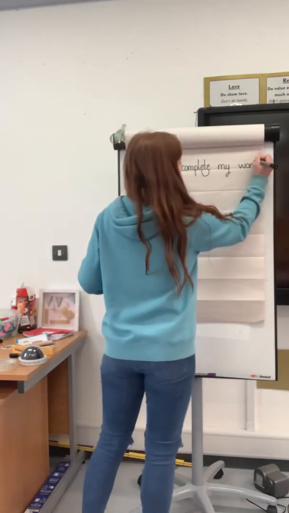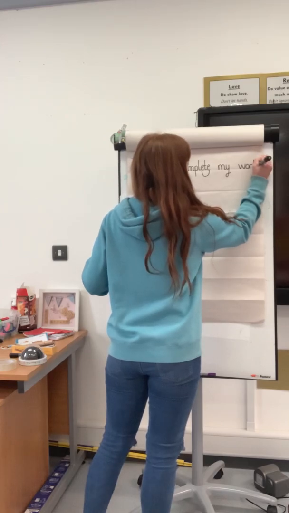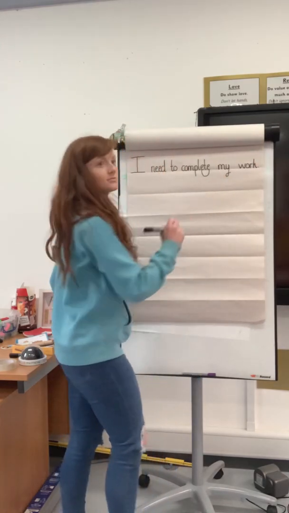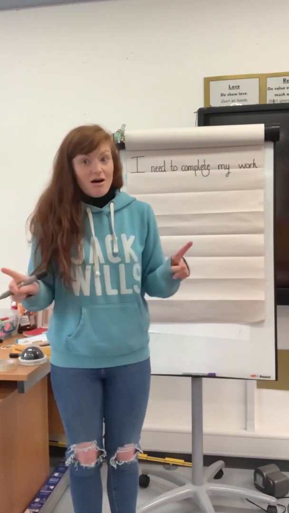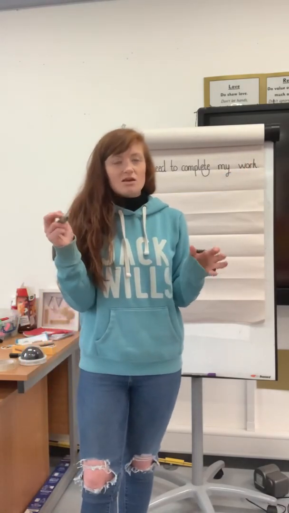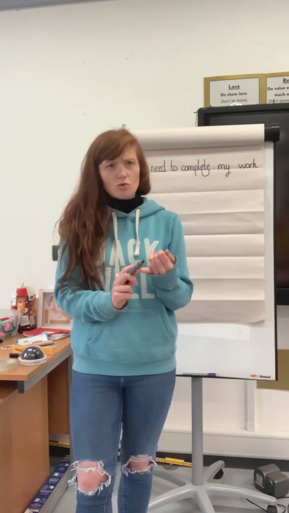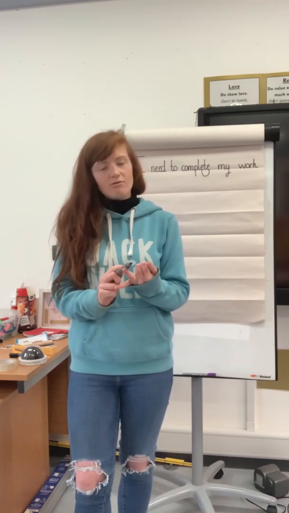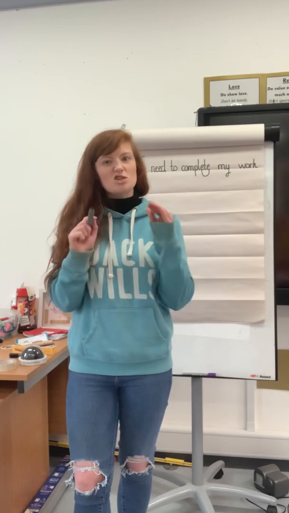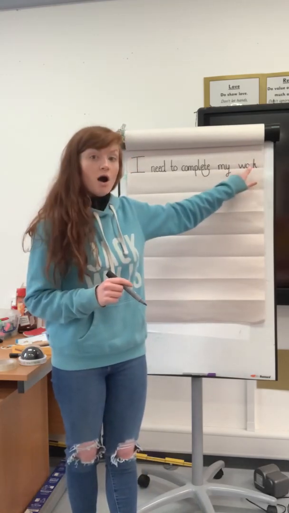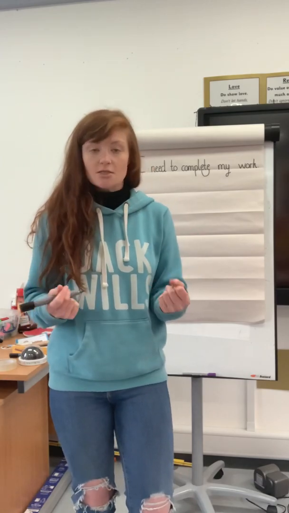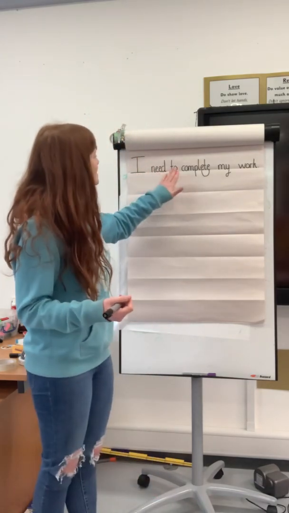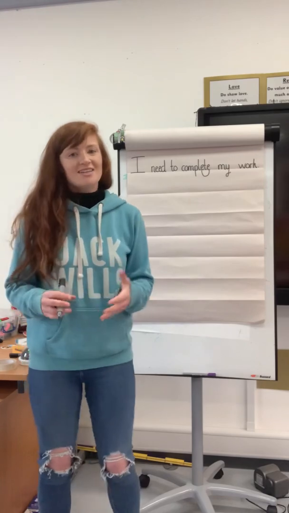So I'm going to give you that one and see whether you can try and remember when you're doing your work, that it's an O and R, not an E and R. So when you're going to write that work, think I know it's not U R, I know it's not I R, I know it's not E R, I know it's a tricky one. It's O R, like worn and torn, but it makes the er sound in that word. So I need to complete my work.